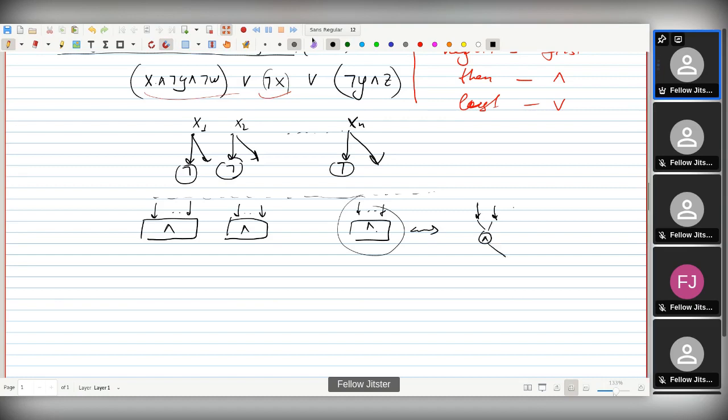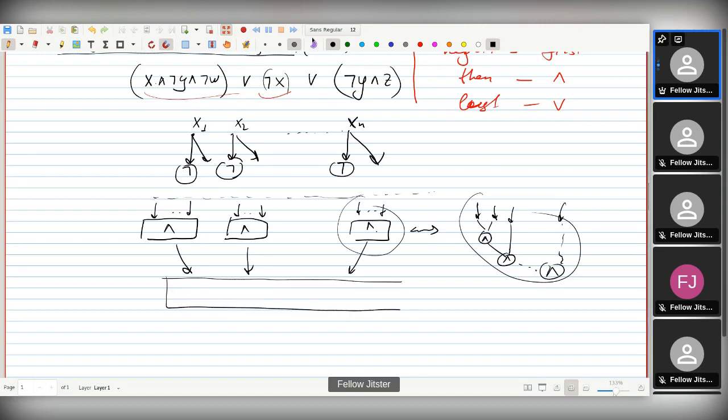While this is not optimal, nevertheless, it is quite clear what I want to say. And then the results of these conjunctions are given to a final disjunction.